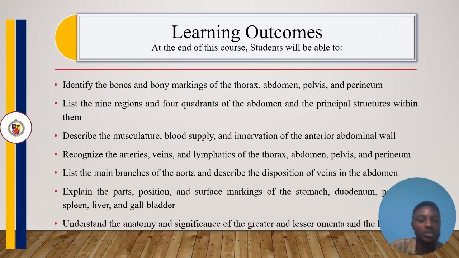Within the context of this course content, we are expected, at the end of this class, to be able to identify the bones and the bony markings of the thorax, abdomen, pelvis, and perineum. List the nine regions and the four quadrants of the abdomen and the principal structures within them. Describe the musculature, blood supply, and innervation of the anterior abdominal wall.